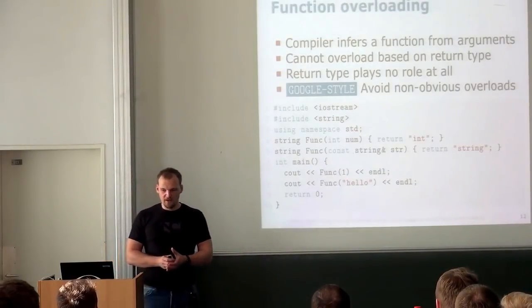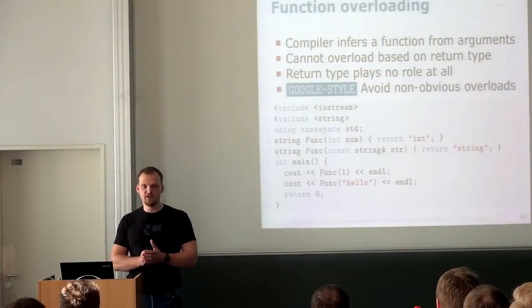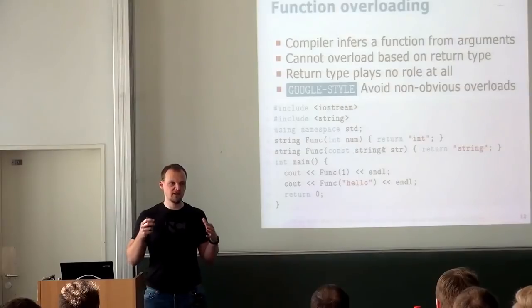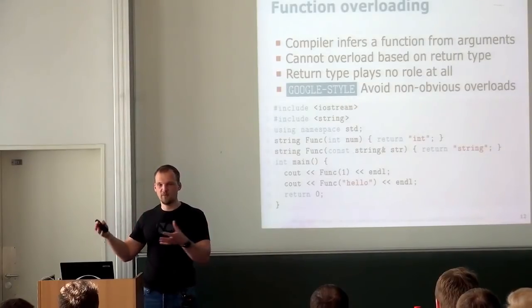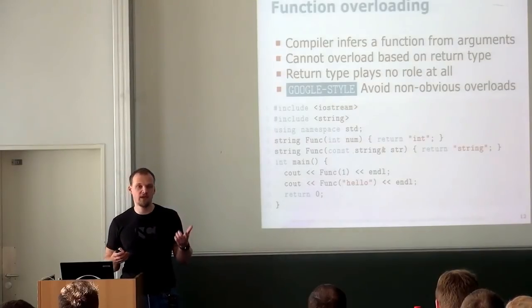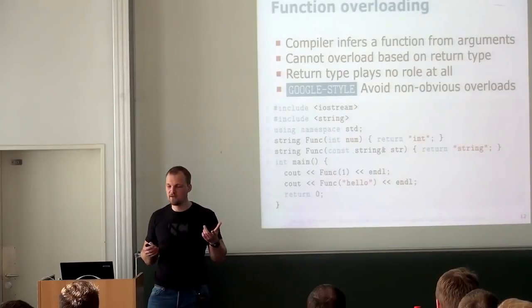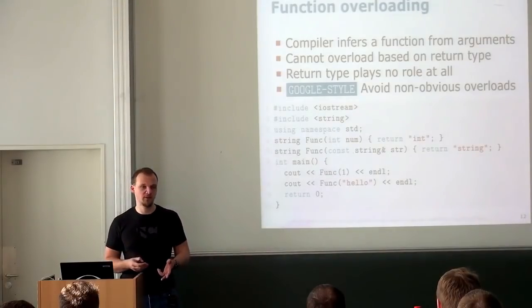Okay, you can overload functions. The function signature is how the function is seen by a compiler, and it consists of its name and the types of the input parameters.